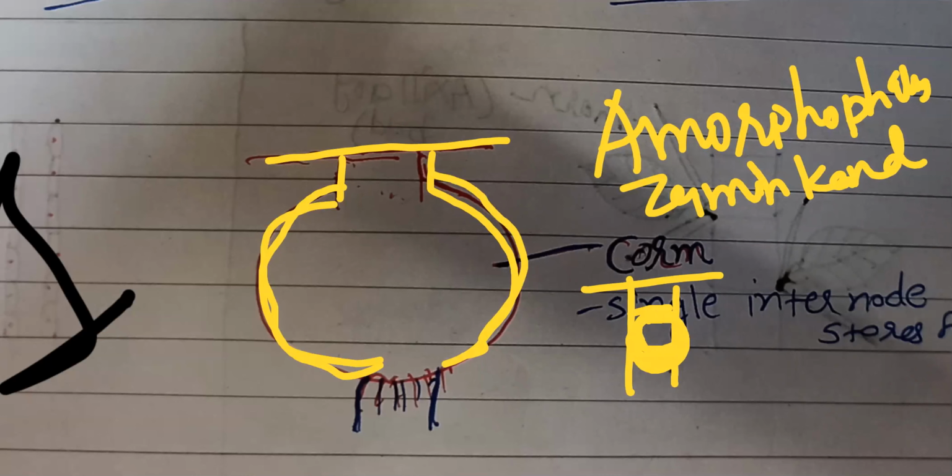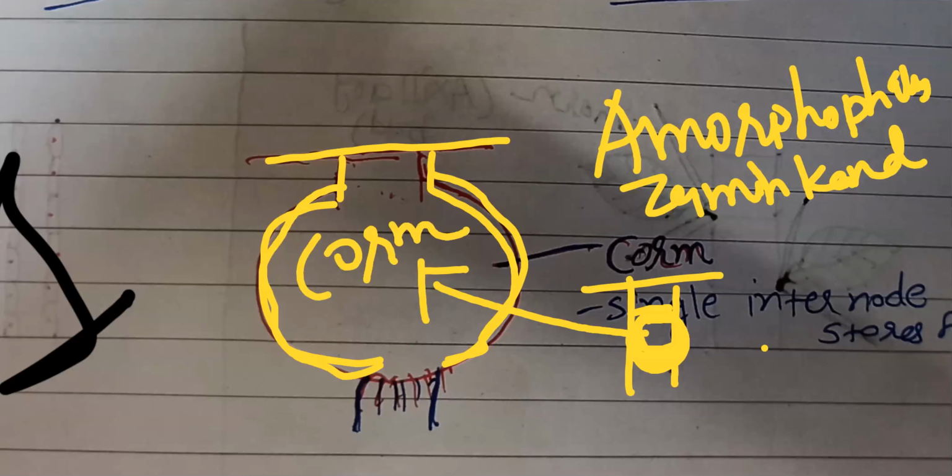Just imagine, right? So that specialized structure name given is corm. This one specialized name is given, which one? Corm. Remember.